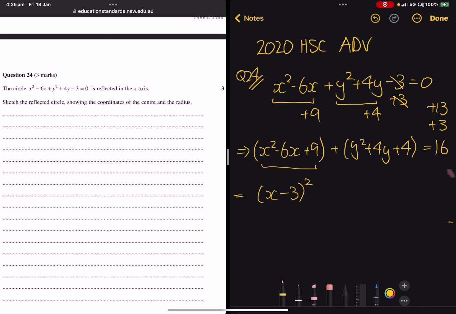It has to be a perfect square because a perfect square from these formulas is always x minus 1/2 of whatever this number is, and the number at the end is always half of whatever this number is squared. That's why we knew to add 9 and 4 to this. And then we have plus, this is also a perfect square, y plus 2 all squared. This is equal to 16, which is actually 4 squared.